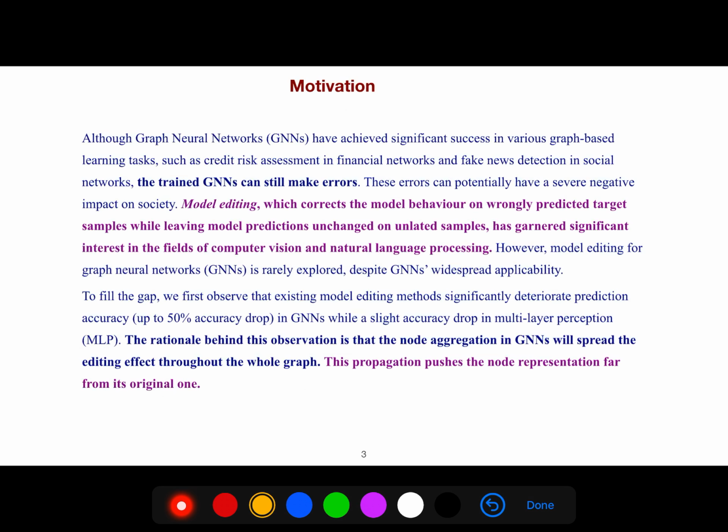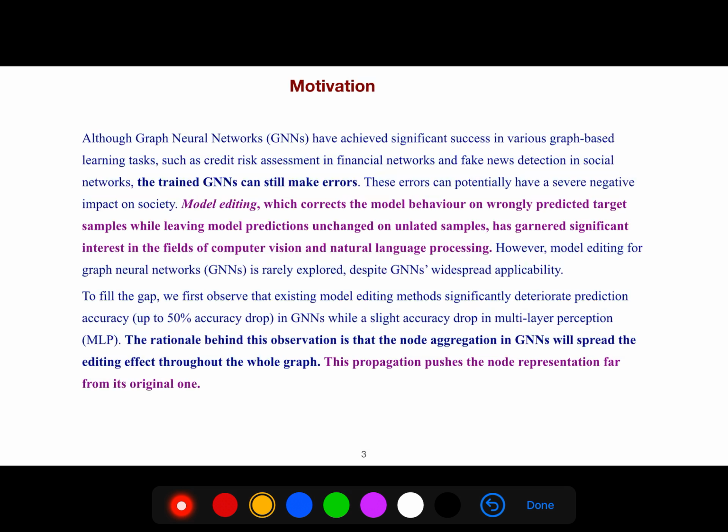So, although graph neural networks have achieved significant success in various graph-based learning tasks such as credit risk assessment in financial networks and fake news detection in social networks, the trained GNNs can still make errors. These errors can potentially have a severe negative impact on society.